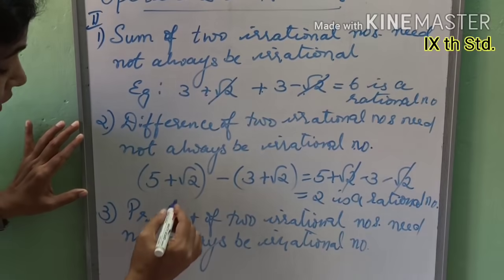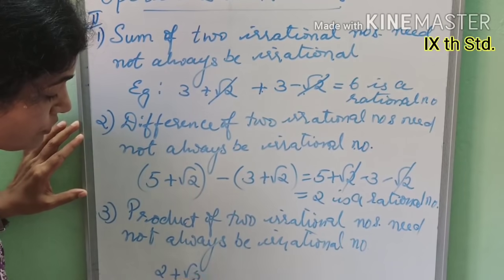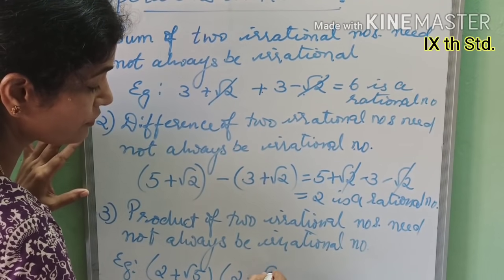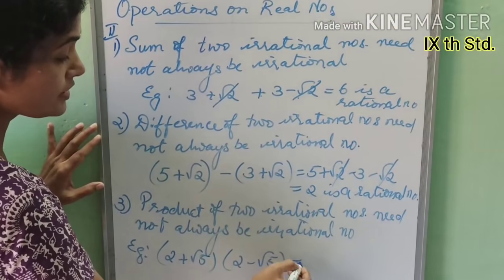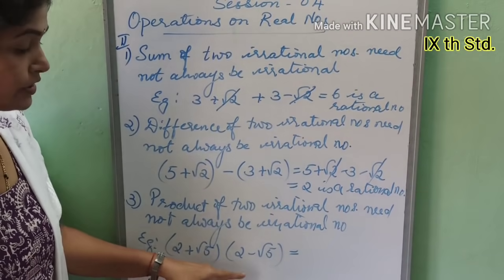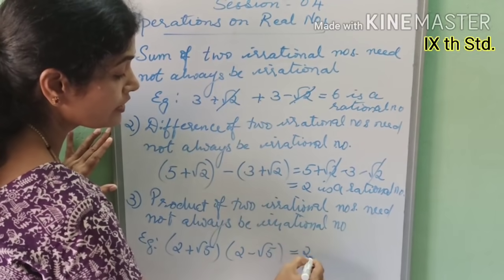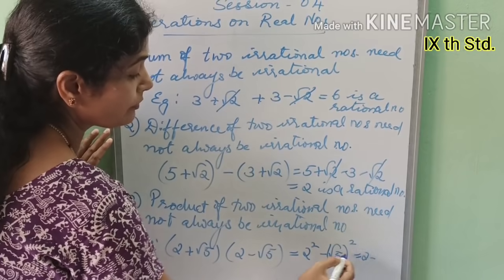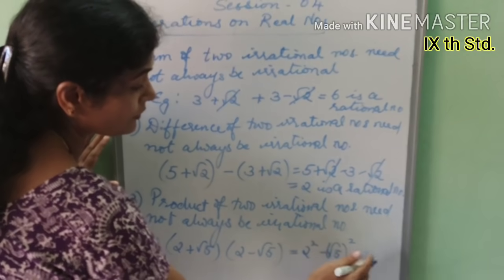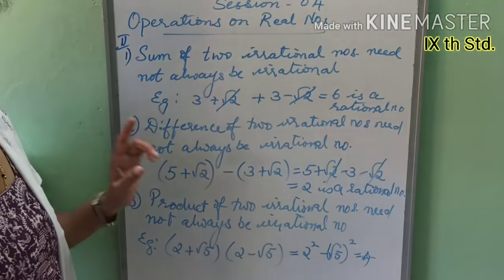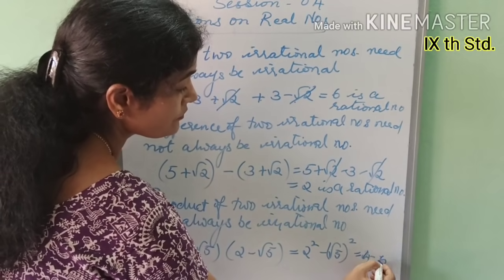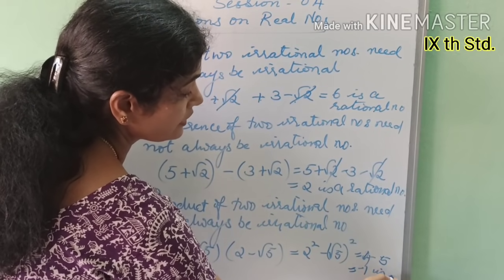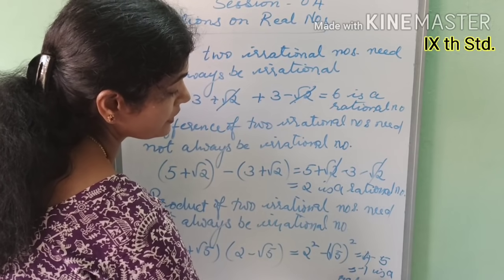For example, if we take 2 plus root 5 into 2 minus root 5, this is of the form a plus b into a minus b, so this is a square minus b square. That is 2 squared, which is 4, minus root 5 whole square, which is 5. So it is minus 1, and minus 1 is a rational number.